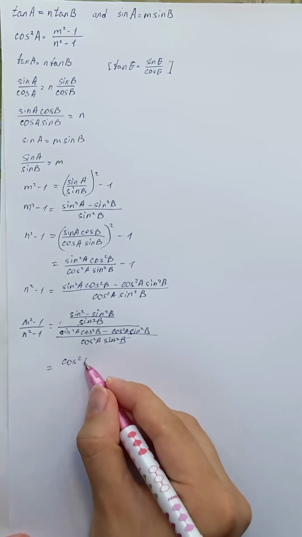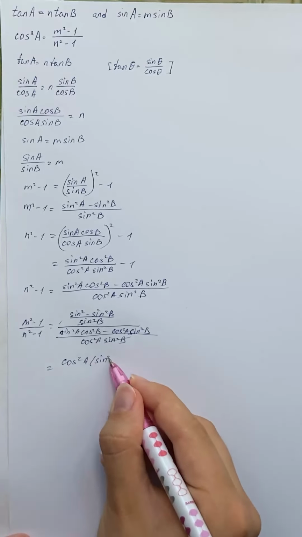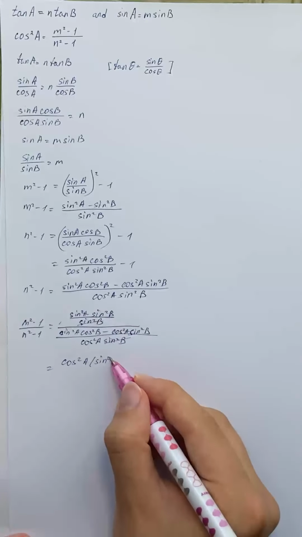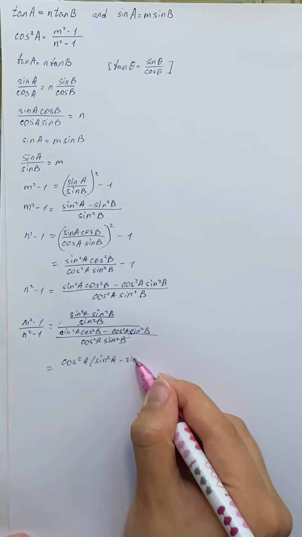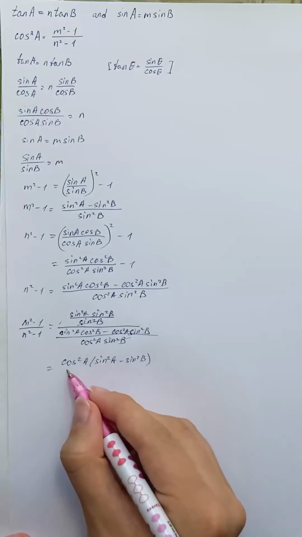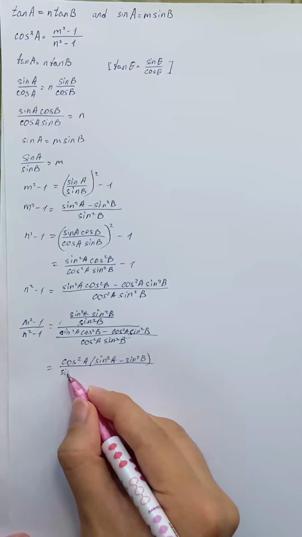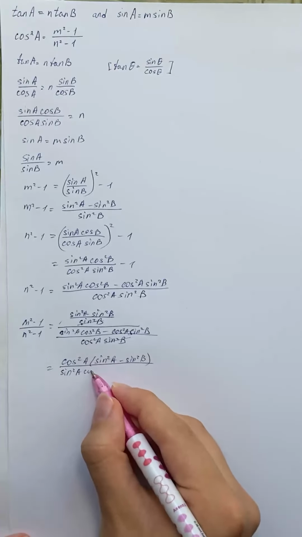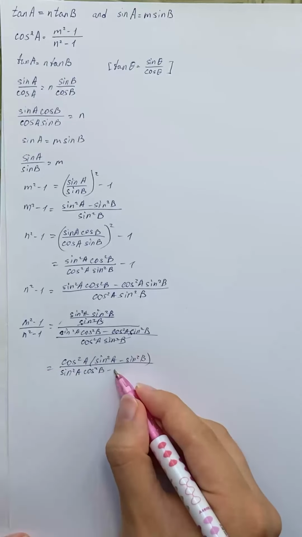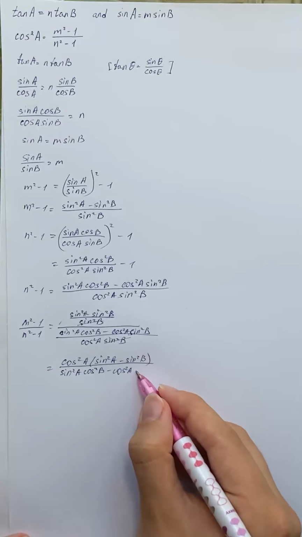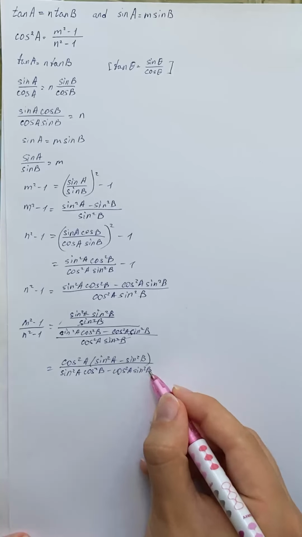So we have cosine squared of A times sine squared of A minus sine squared of B, over sine squared of A times cosine squared of B minus cosine squared of A times sine squared of B.